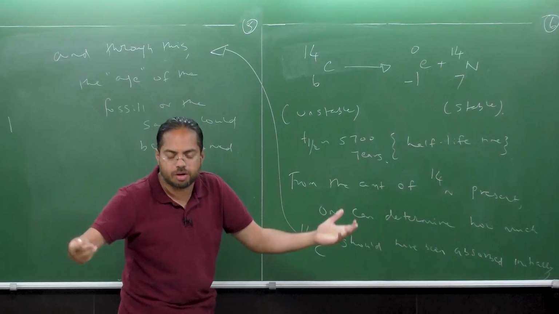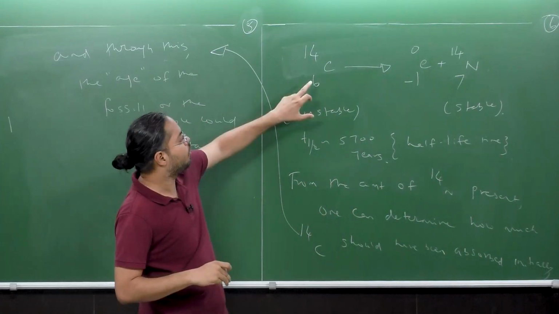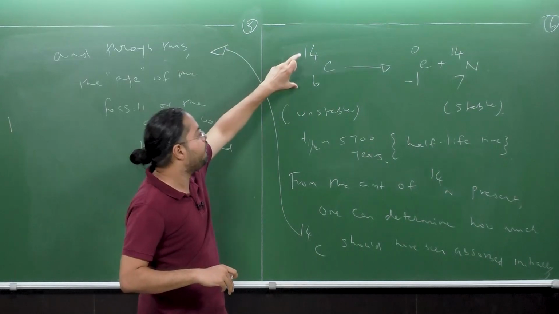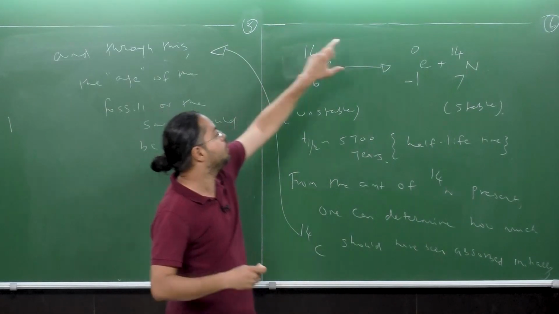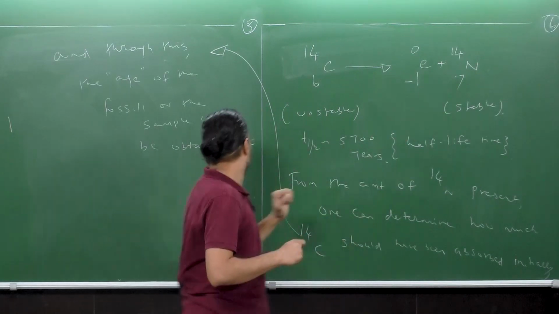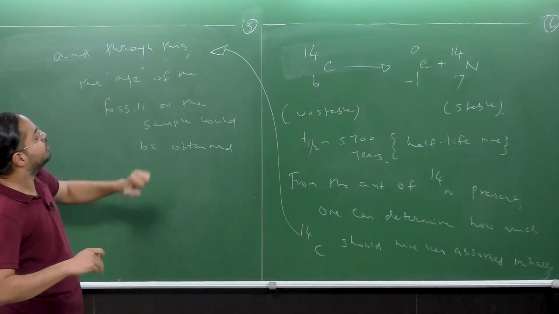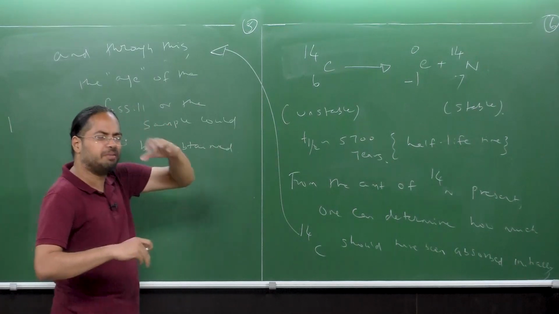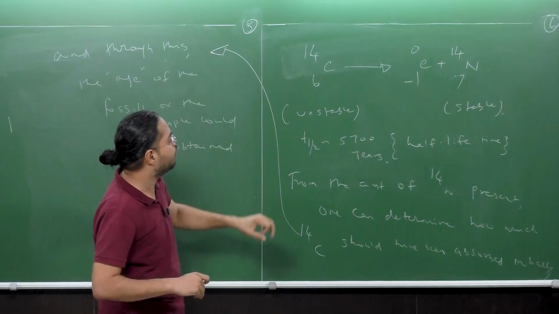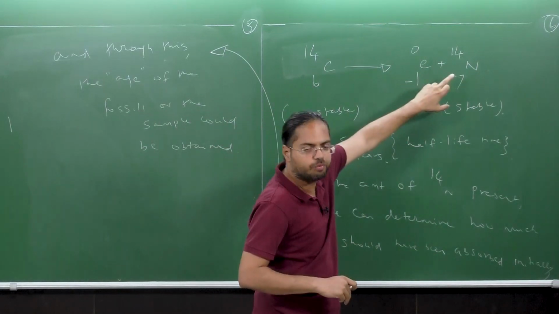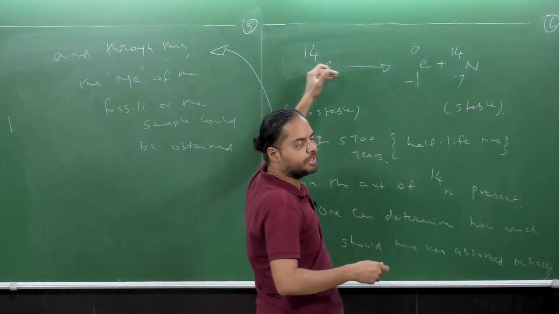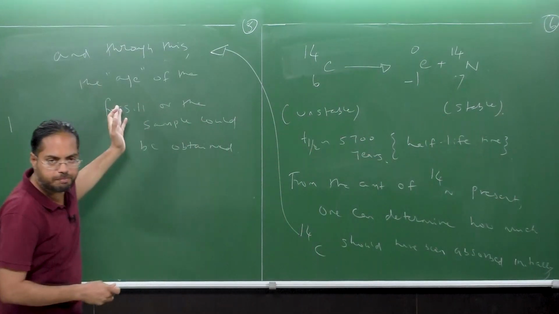So T half refers to the time it takes for half of this initially present sample to become 14 nitrogen. Based on the knowledge of your T half, which can be experimentally determined, I'll come to that in a bit, and by calculating the amount of 14 nitrogen present in a system, because it is consistently getting formed from 14 carbon, you can determine the age of the sample.